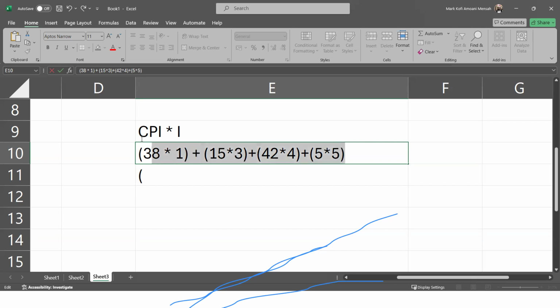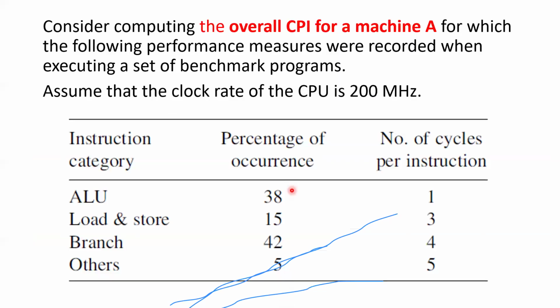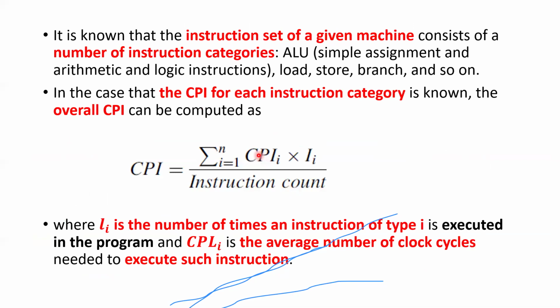So all this formula is telling you is look for the CPI, which will be given, of each of the instruction categories, multiply it by the number of cycle instructions, then add them all together. So that is the top half of the equation.